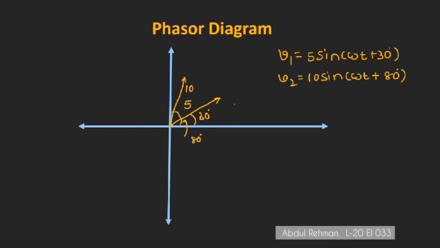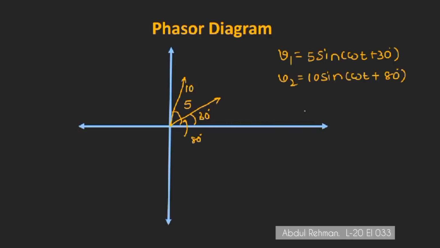Sometimes a phasor is also represented by the RMS value of the sinusoidal signal. The reason is that most measurements carried out by the ammeter and the voltmeter are in terms of RMS values.